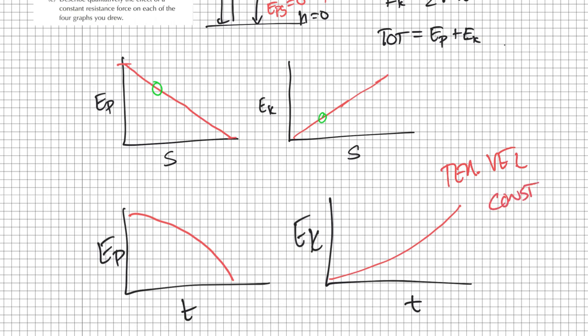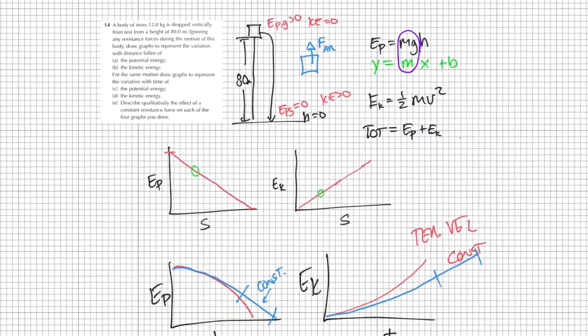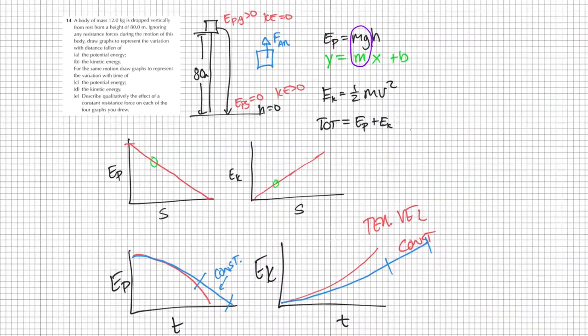So I would expect my graph to look something like this and eventually get to a constant slope here. And same thing here. I would have it eventually get to a point where we have that constant slope there. So that's how I would expect the graphs to change, because during that part, I'm not speeding up or slowing down. I'm just maintaining a constant velocity.